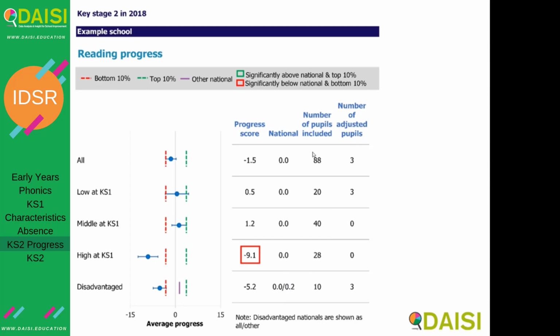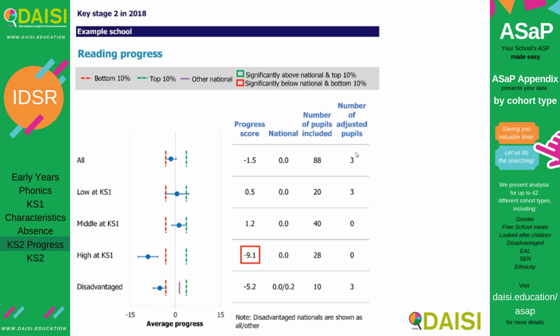We have the number of pupils included, so that is your cohort size, that have a valid Key Stage 1 average point score, and then the number of adjusted pupils, in other words, the number of pupils whose progress scores have fallen below the minimum that is going to be used for your school calculations and therefore have been increased. They're called adjusted pupils.